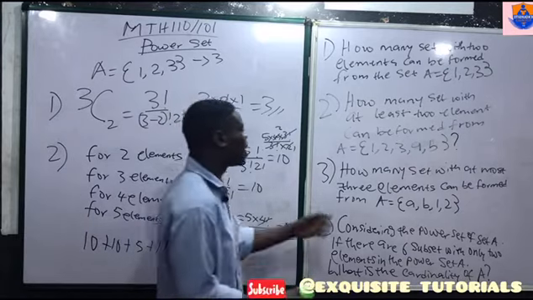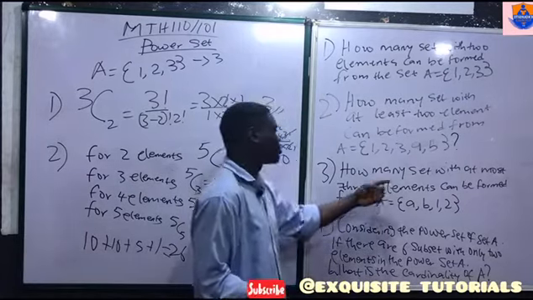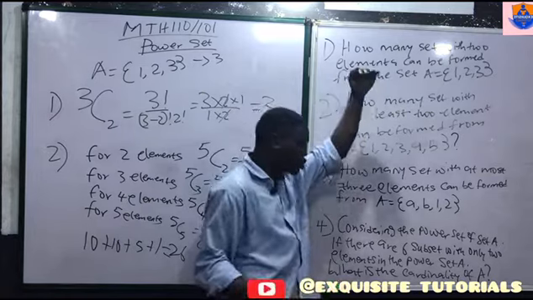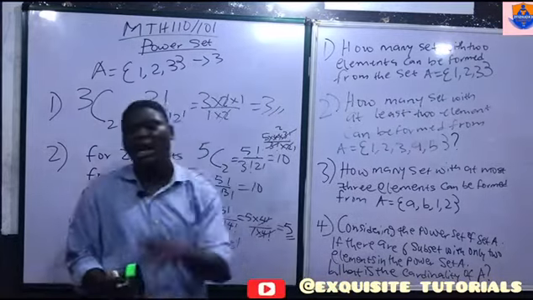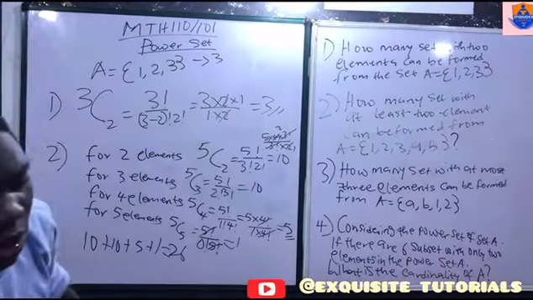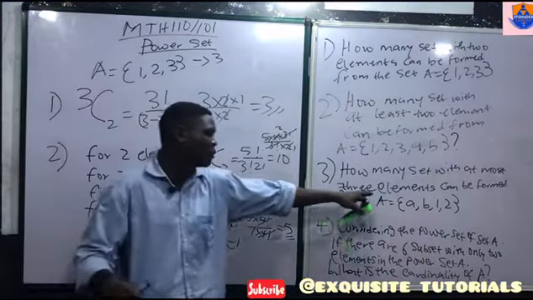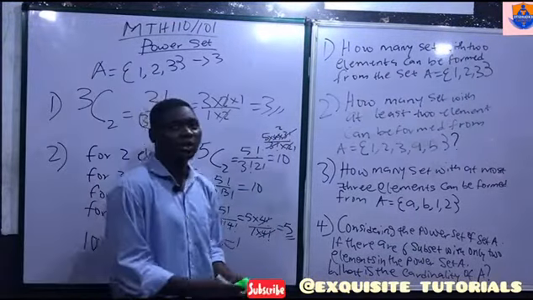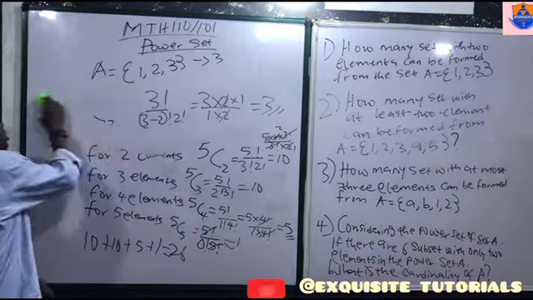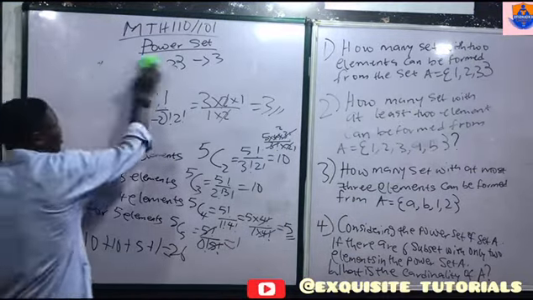Then question 3, we have how many sets with at most. They said at most, that means the highest you can go is 3 elements. It can be less. So now let's solve that.